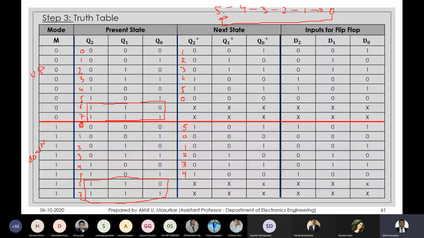If you have copied this table, I can go to the K-map part of it.